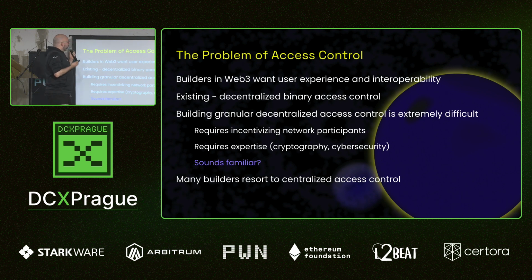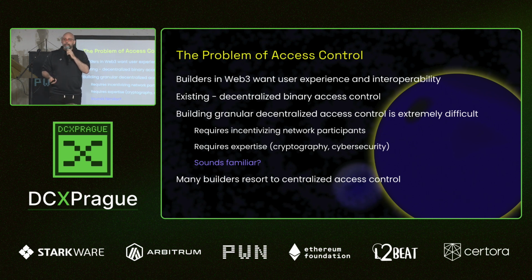And to build granular, decentralized access control is extremely difficult, right? You need to incentivize participants in a network, and you need to be an expert in how cryptography works and cybersecurity. This is very similar to the problems that people had before Ethereum came along, right? So now it's not just about creating the application, it's also about creating a great user experience and interoperability, and builders are having the same problems.